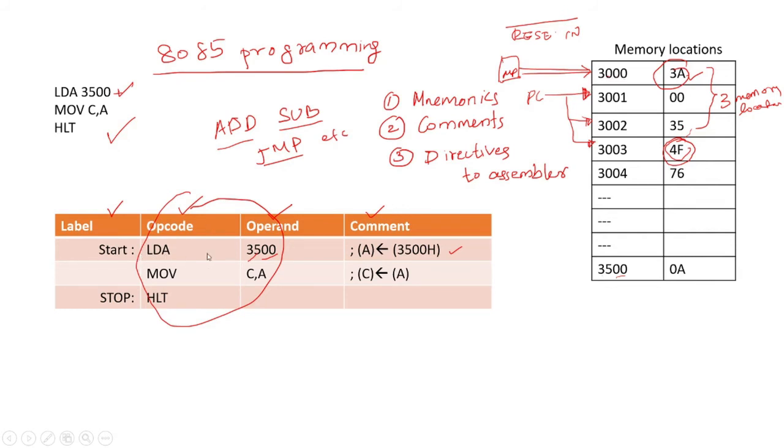For each instruction, manufacturers of that processor provided some machine code, 8-bit long. That machine code says what operation is to be done, or in other words, that is termed as operational code, or opcode.